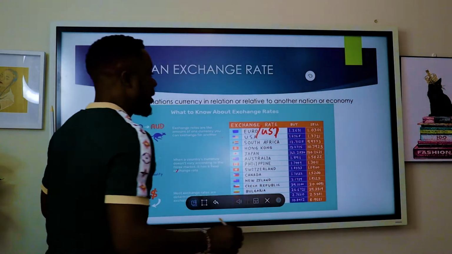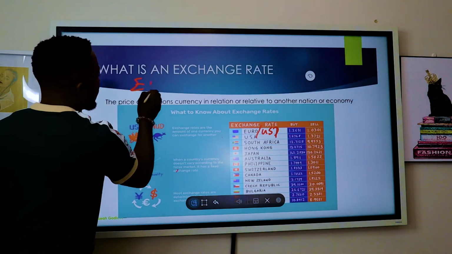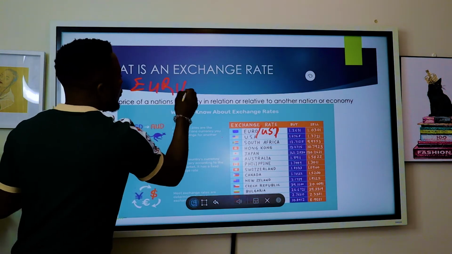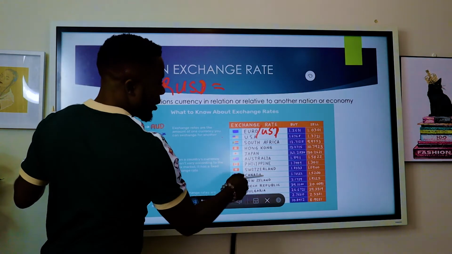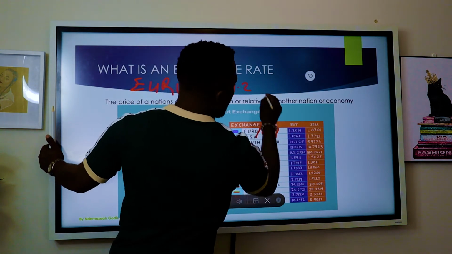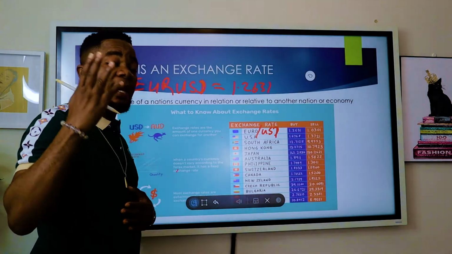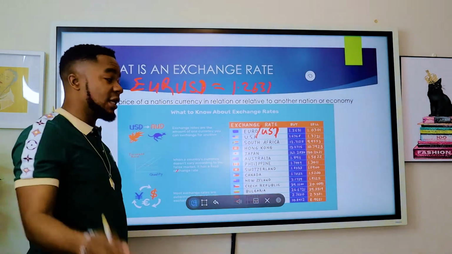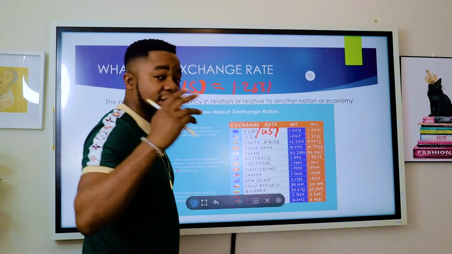If I have to explain it, the exchange rate between Euro USD is 1.2631. Remember, I told you each particular currency pair has two prices. The first price is known as the bid price, and the second price is known as the ask price.